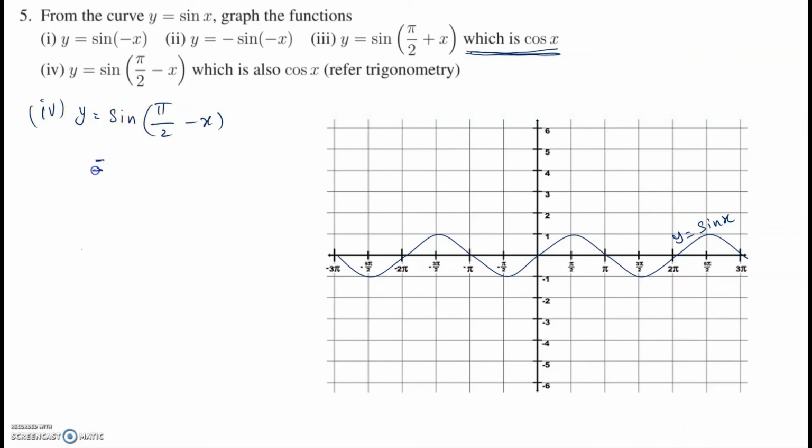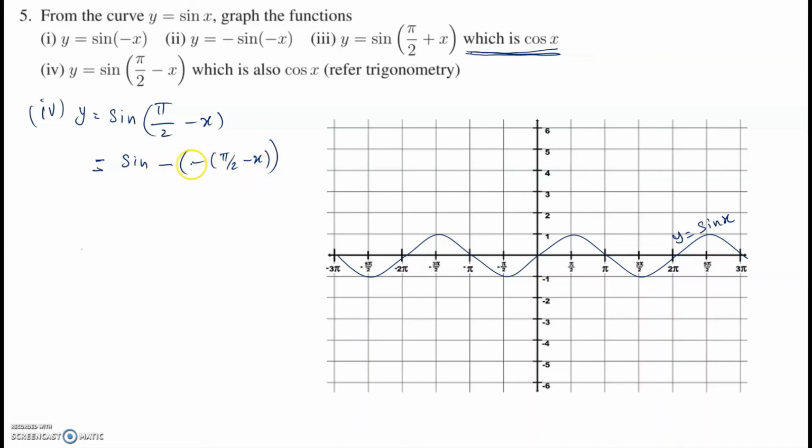Let's have this as sine of minus of pi by 2 minus x.